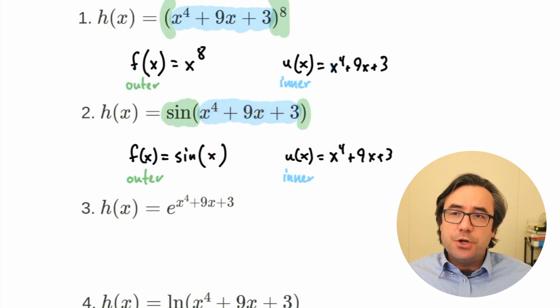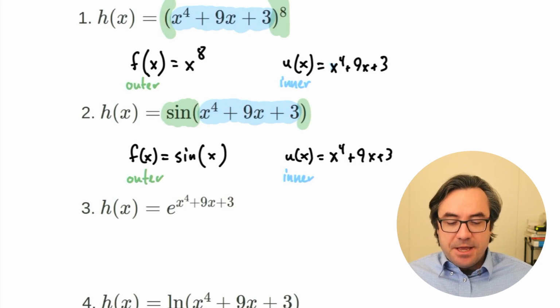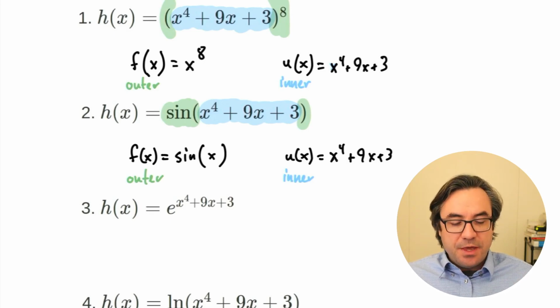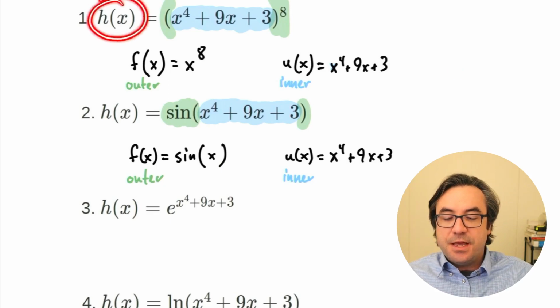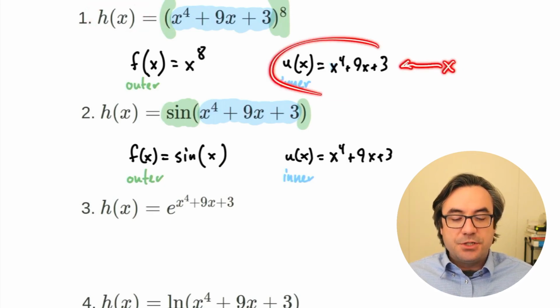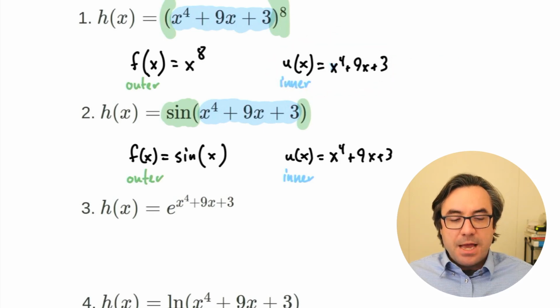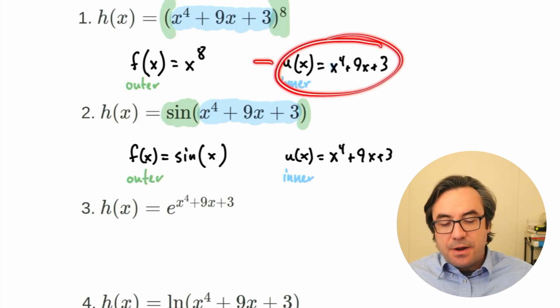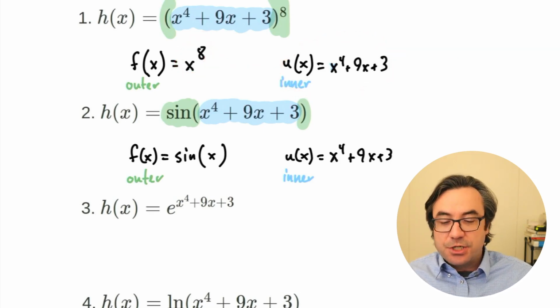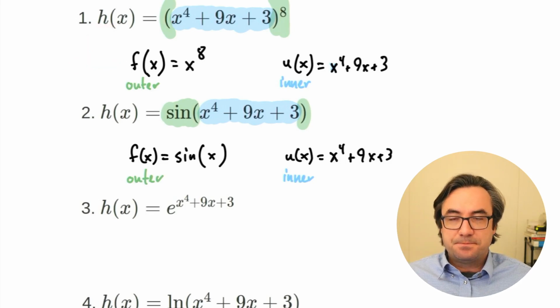So really what we're doing with each of these is this is an assembly line. When we start with input x, the first thing that happens in this first formula is our input x goes into this inner function. And then that gives us something out, and then we take that result and plug it into this raised to the power 8 function, and then we end up with the final result.